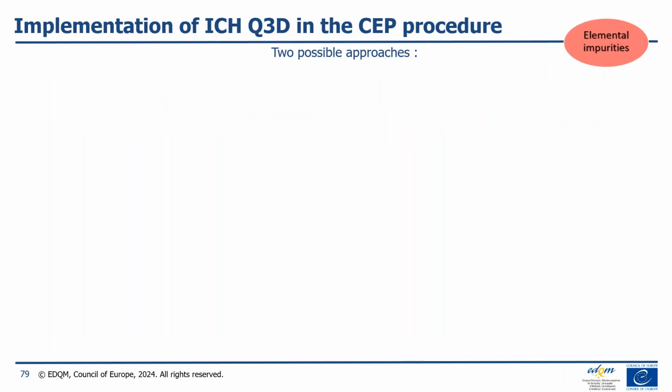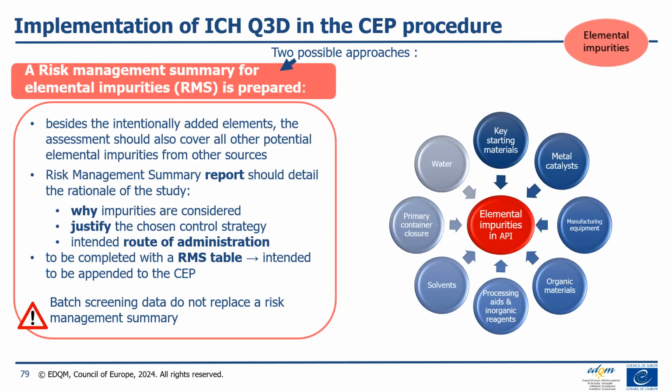Next slide. So there are two approaches that are followed in the SEP procedure. You can provide a risk management summary for elemental impurities. And for this, besides the intentionally added elements, which are usually mandatory to be included, you should also cover all the potential elemental impurities that are coming from other sources that you can see on the side of the slide.